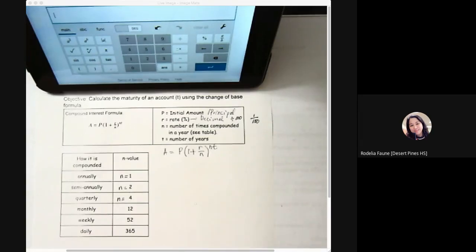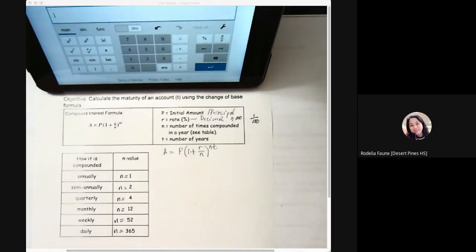Monthly is 12 because there are 12 months in a year. Weekly is 52, and then daily is 365. During a leap year, there is an additional day, so this will become 366.